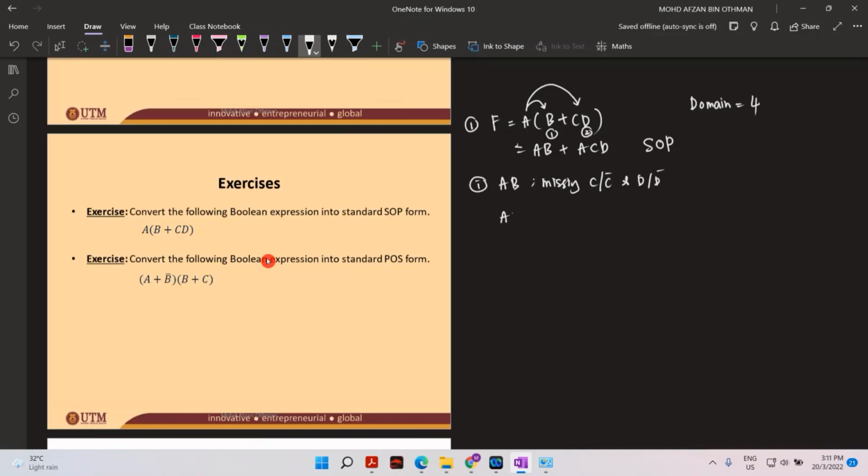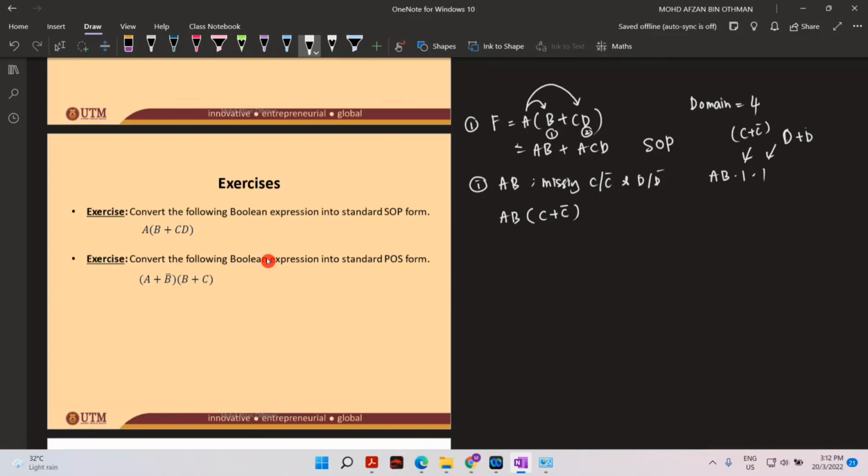So kamu buatlah AB, darab dengan C plus C bar. Ingat tak lagi? Yang ni adalah AB.1.1. So kita kena gantikan satu-satu: C plus C bar, and this one is D plus D bar.